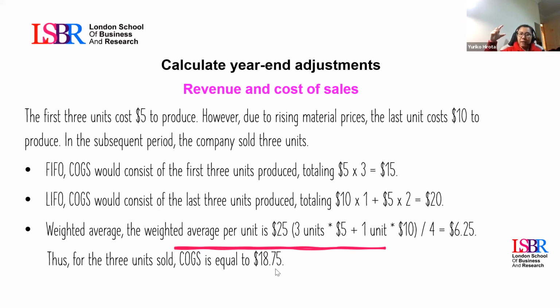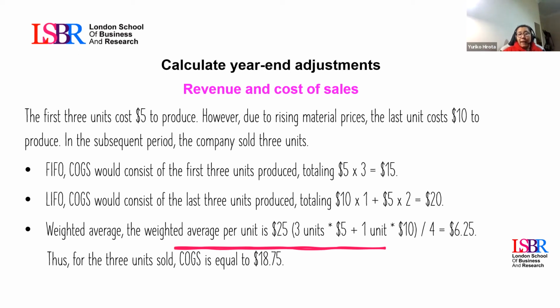So the profit will be different depending on the method. But probably you will think, okay, I'm going to use this method because the cost is the smallest at 15, and it means that I'm going to have more profits.